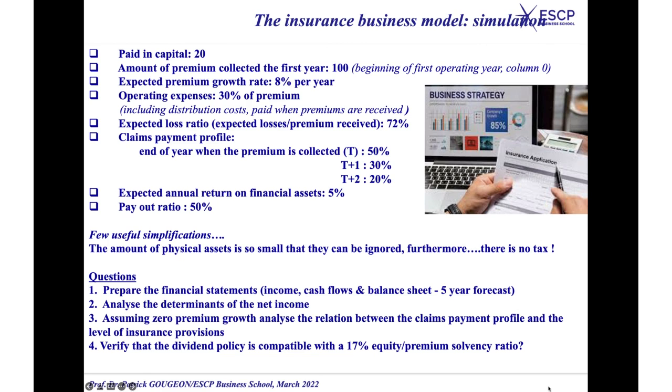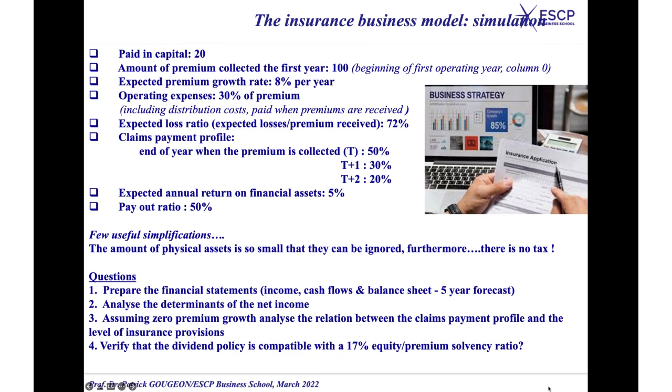So let's look at central information, which is the claims payment. As we said, we know that 72% of the premium collected are expected to be cashed out later on to pay claims, but it's not paid immediately and it's not paid in one installment. You see, we have 3 installments, okay?